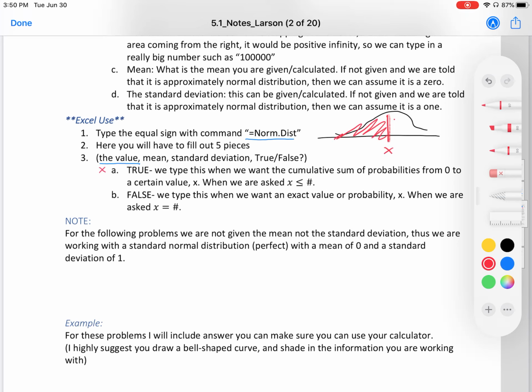The value is that first number, that stopping point. Then you want to enter the mean, your standard deviation, and then you want to choose either true or false. You enter true if you want all the area from the left to your stopping point. And you enter false when you want only that single point. What's the probability of only getting that single value?